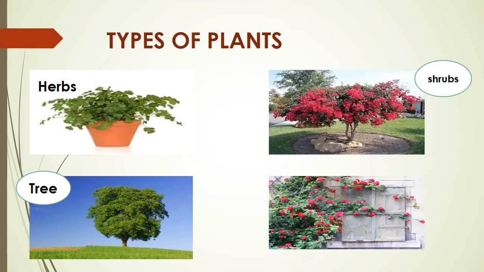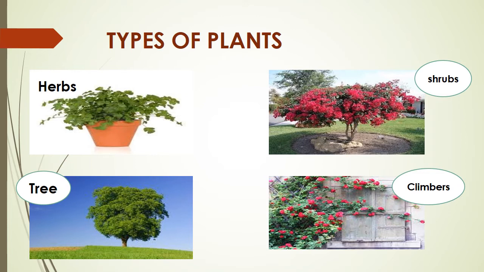Now the last one is climbers. Many times we see some plants over the wall. These type of plants are called climbers because these plants have very big stem and they need support to climb and spread their leaves for getting sunlight.